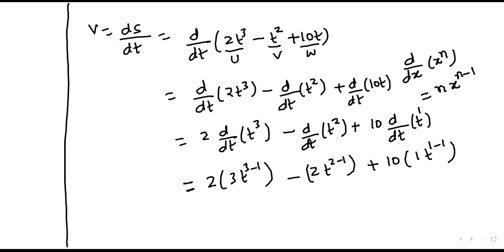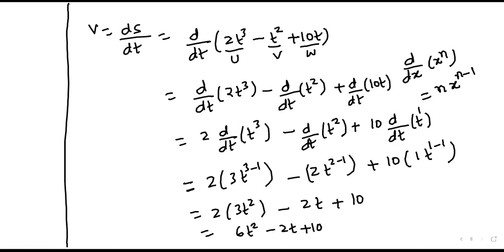That is nothing but t plus 10 t power 0, and anything power 0 is equal to 1. So it is 6t square minus 2t plus 10.